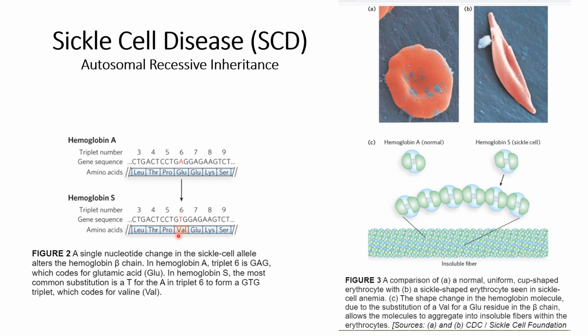So now we have an amino acid substitution from a polar glutamic acid to a non-polar valine. Whenever you inherit this from both parents and have two valines, they begin to aggregate and form long chains, which become insoluble and form really long rods, as we can see here. Those rods form what we see as a sickle-shaped cell.